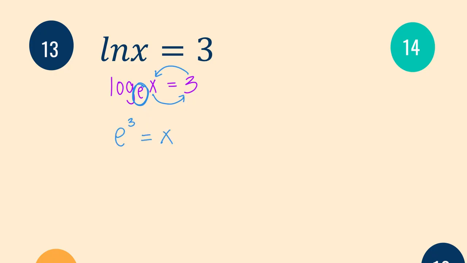Now, we should know how to solve this. Keep in mind I'm solving for x. I am going to get a number. We used this when we were solving for interest, when we were doing the compound money problems. So go ahead on your calculator and push that e to the power of, and then plug in 3.